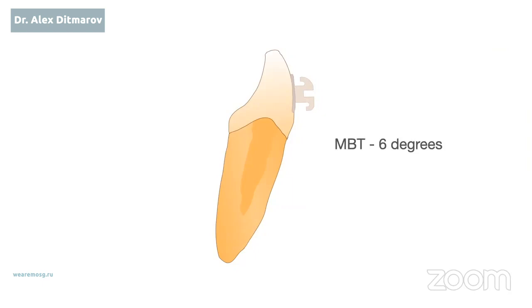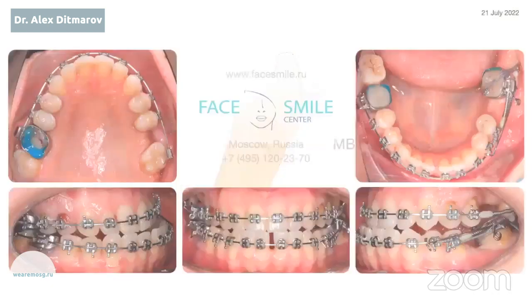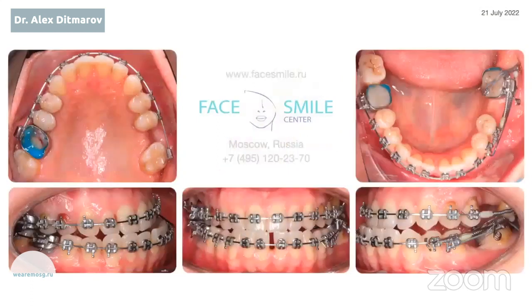So when we flip the bracket, when we invert the bracket, just put it upside down, we actually change the torque from minus 6 to plus 6 degrees. As a result, our lower incisors are getting slightly tipped, proclined forward. This is what we usually want to achieve in class 3 pre-surgical treatment. If you look closer here, her lower incisor brackets are placed upside down.